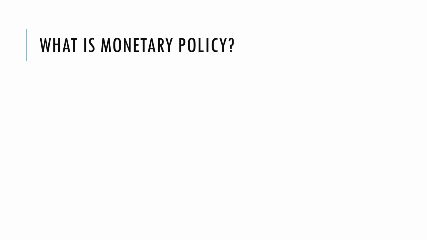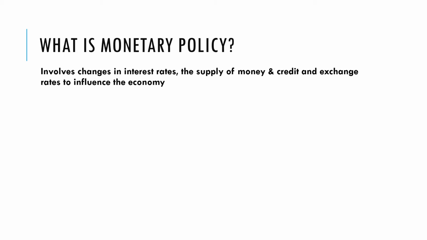So let's start off with looking at what is monetary policy. If we look at the word itself, policy over money, monetary issues. Monetary policy involves changes in interest rates, the supply of money and credit in the economy, and exchange rates to try and influence the economy.